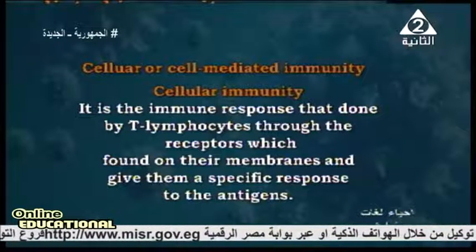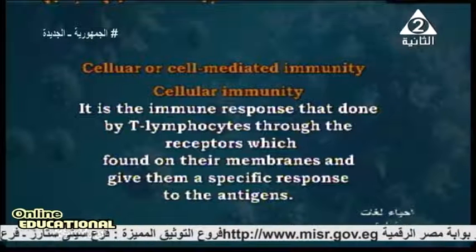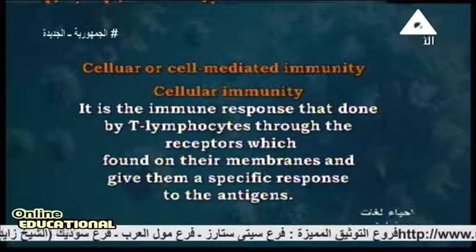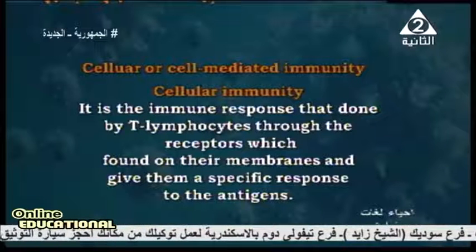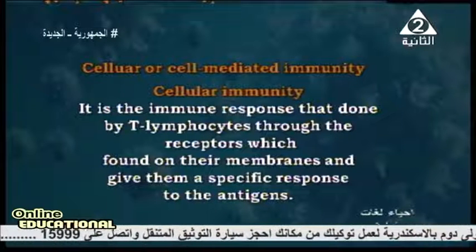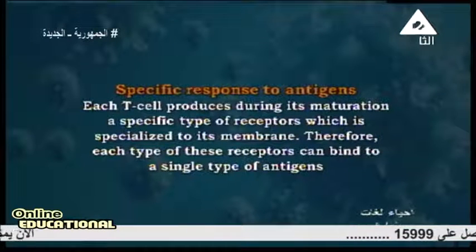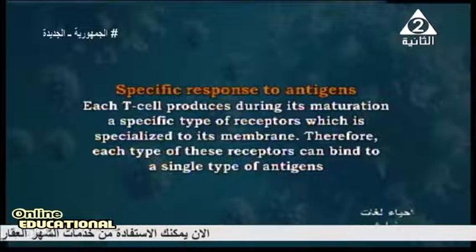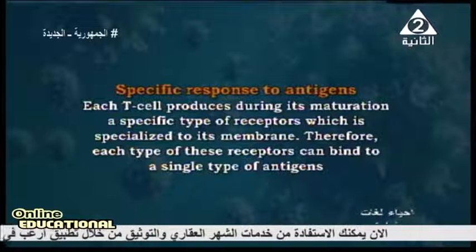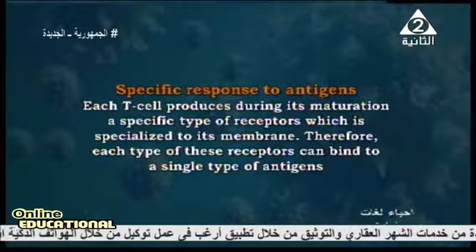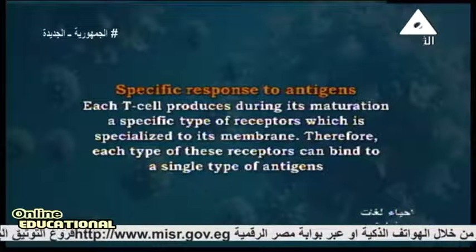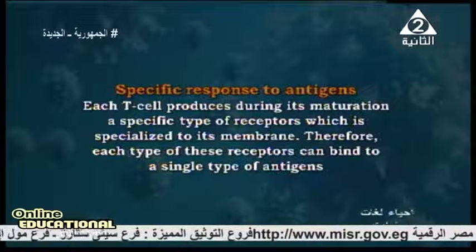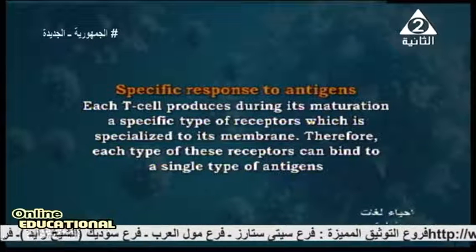What is the specific response to antigen? Each T cell produces, during its maturation, a specific type of receptor on its membrane. Therefore, each type of receptor can bind to a single type of antigen.